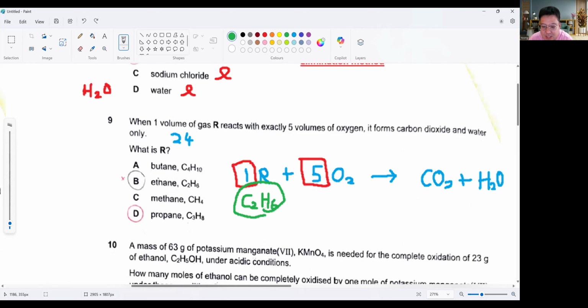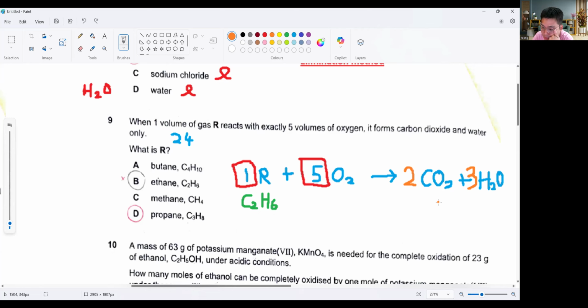Okay, so if we put C2H6 here, how will we balance it? Let's say I use a different color. First, going in, this is confirmed must be 1, because they say it's 1 volume. So going in 1, this carbon here is 2. That means coming out, your carbon must be 2. So we write 2 here to balance the carbon. Then this hydrogen is 6, so here we must put 3, because 3 times 2 gives us 6.